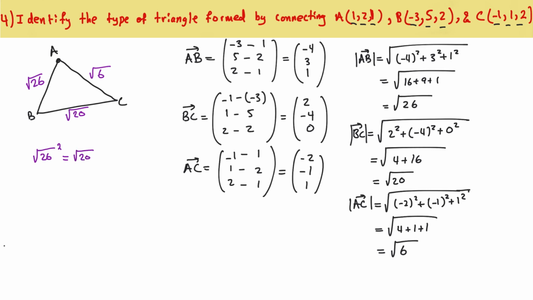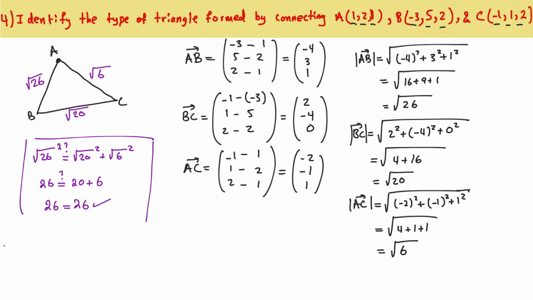So root 20 squared plus root 6 squared. Is it equal? Root 26 squared is 26. And does that equal root 20 squared, which is 20, plus root 6 squared, which is 6? And it is. So this test says that this is a right triangle.